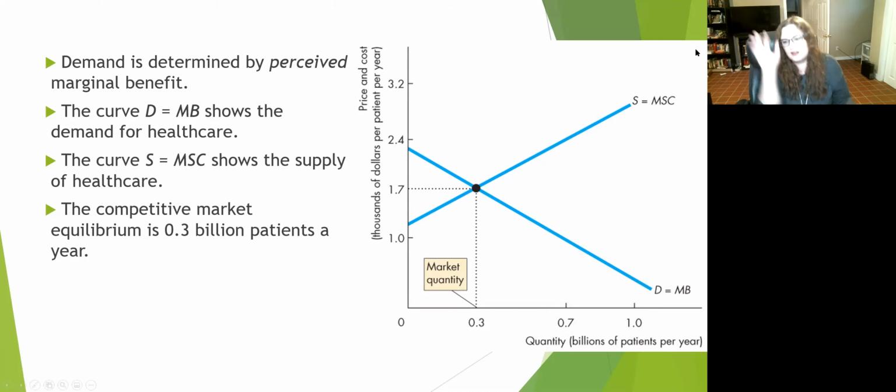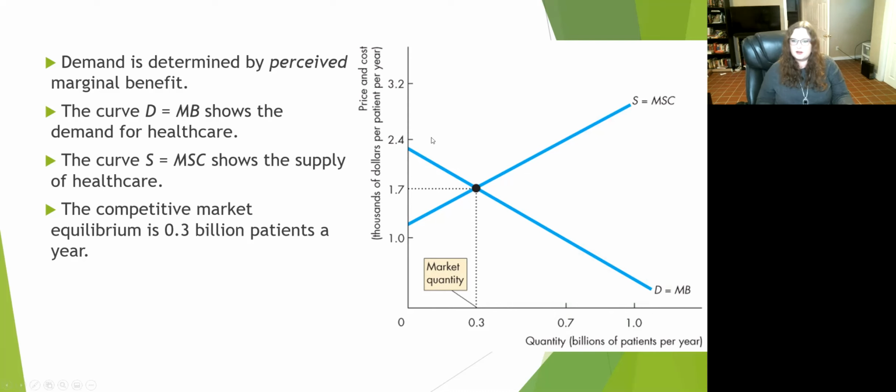So, all right, let's talk about maybe the prices and costs of healthcare. Let's say that in thousands of dollars per patient per year, we have a certain amount that patients are going to spend, and then we have the quantity of patients. Demand is determined by our perceived benefit, how much we think we're going to benefit from something.